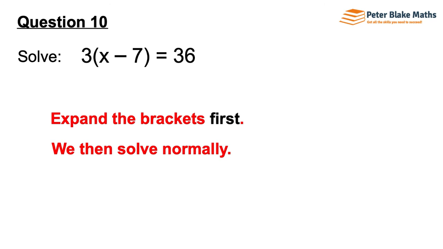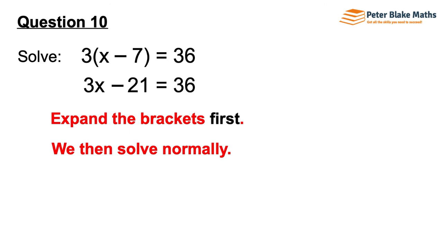So to expand the bracket, we'll do the front number by the first term and get an answer. In this case, 3 times x is 3x. Then we'll take the front number and multiply it by the second term in the brackets and get an answer for that. We'll have to be careful here. 3 times minus 7 is minus 21, and that equals 36.